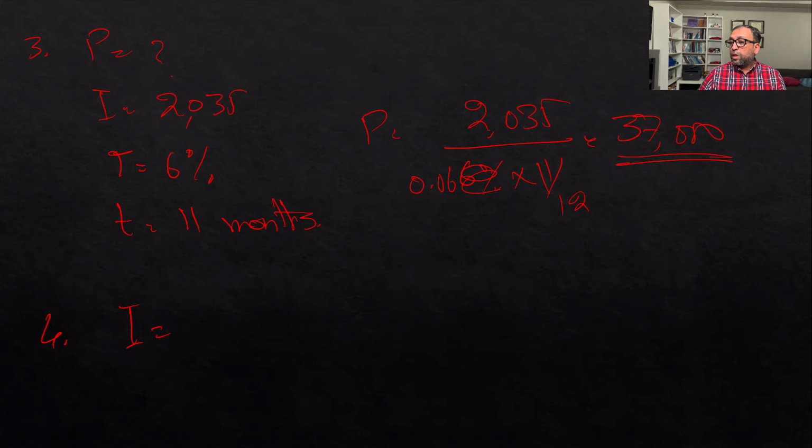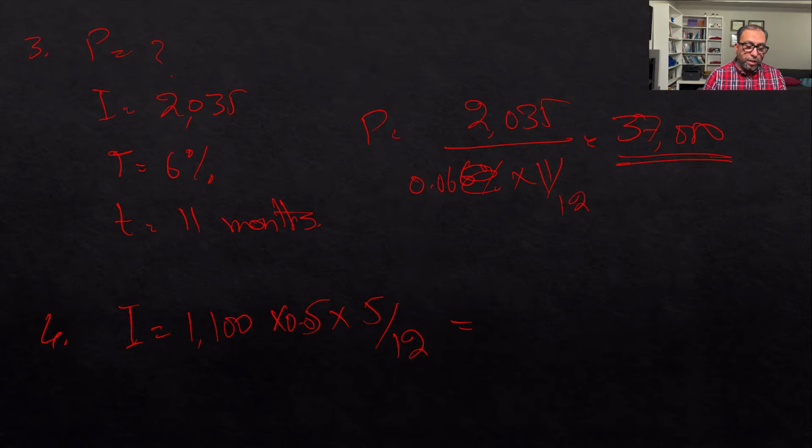The principal amount is 1,100, right? The rate is 5%, or we can write 0.05, into 5 months, so 5 over 12.